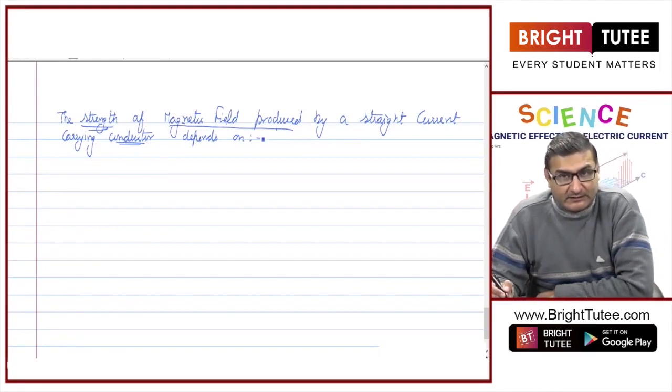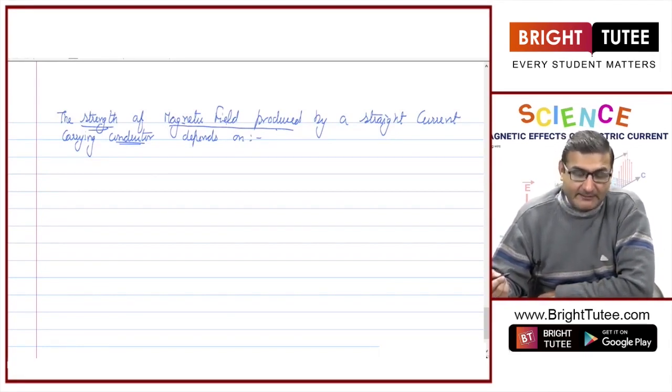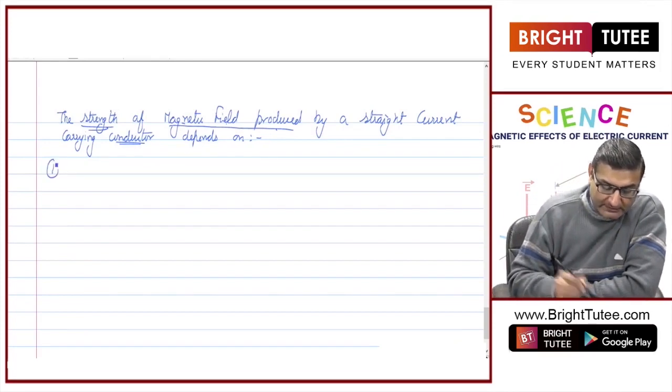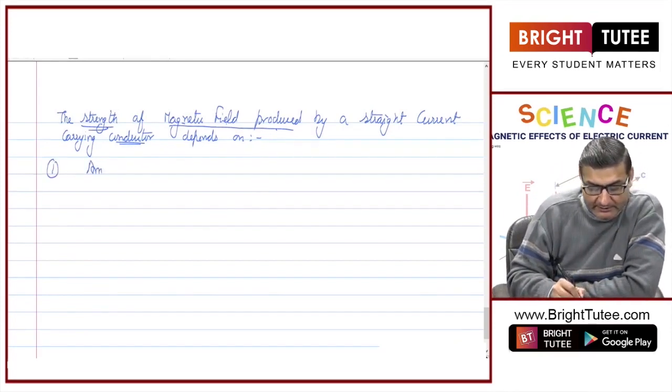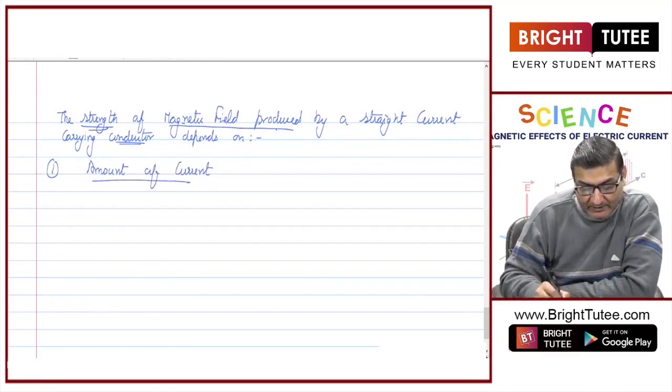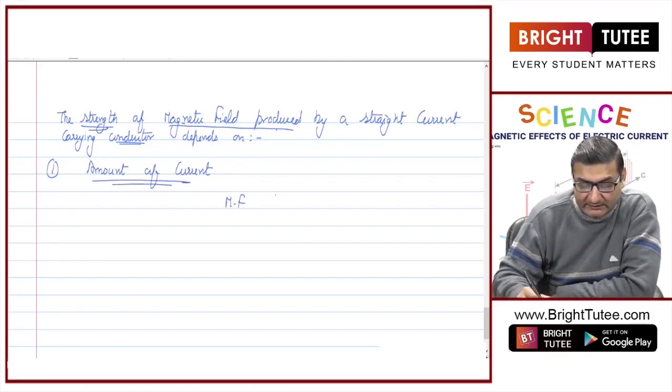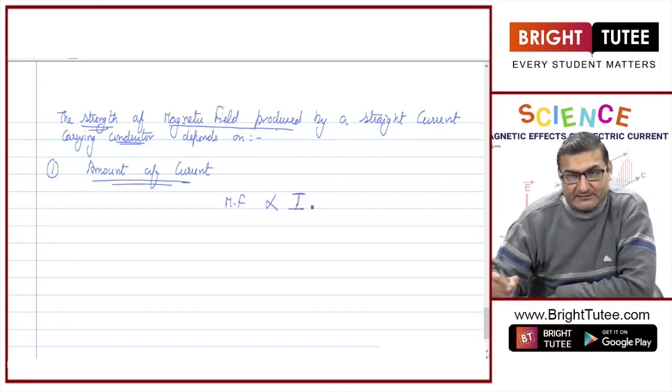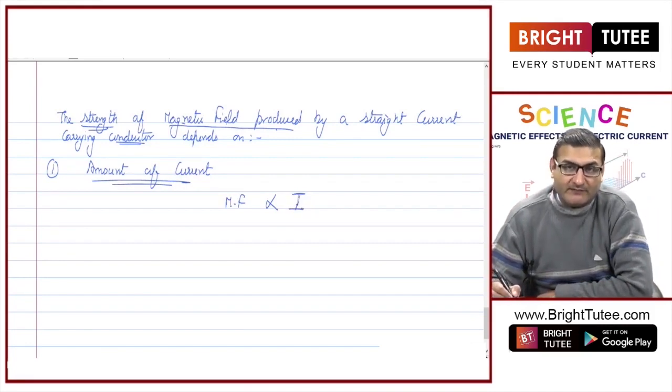Now, what are the factors on which this magnetic field depends? There are two factors. One factor is the amount of current passing through it, right? And we can say that the magnetic field strength is directly proportional to I. I, we represent with the amount of current.